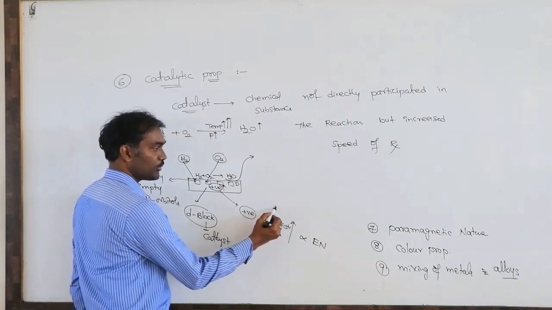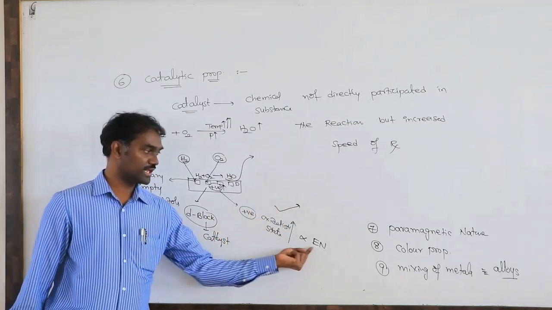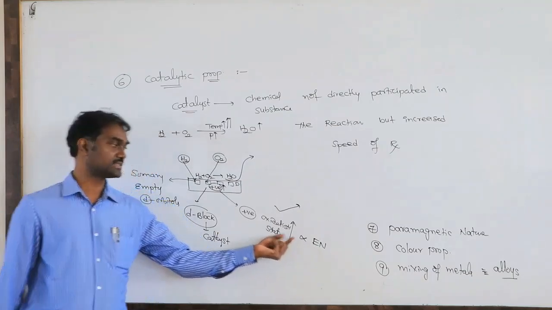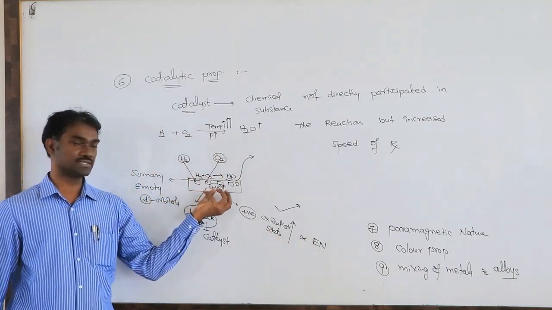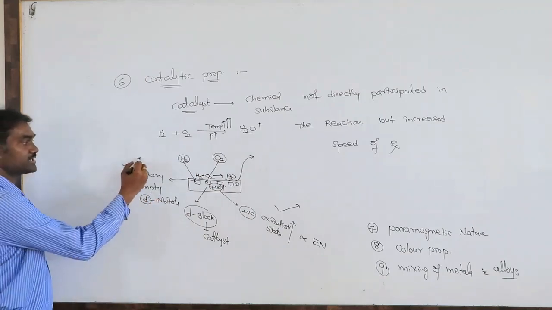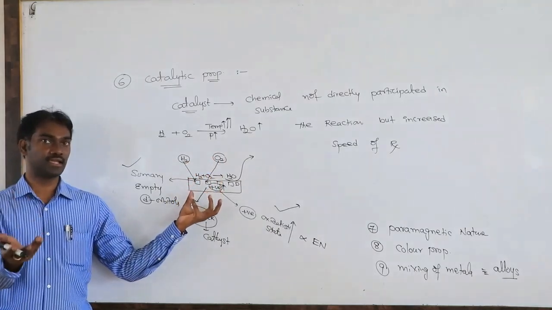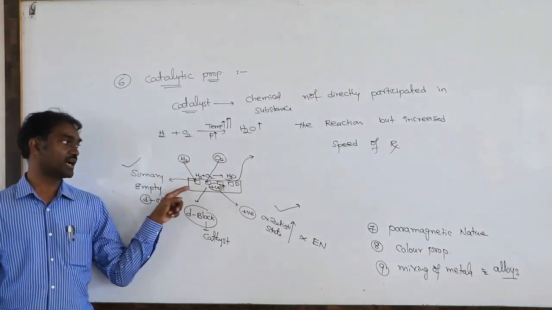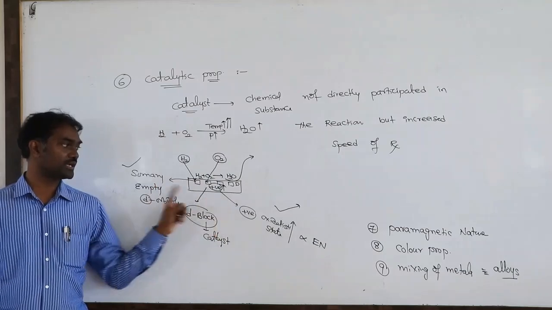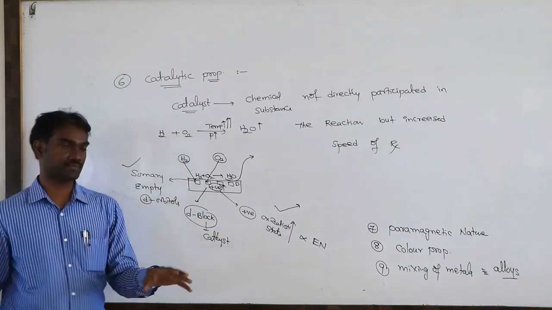One is the highest positive oxidation states, so electronegativity increases and it attracts every molecule on its surface. The second point is empty d orbitals. Where can the attracted molecules stay? They can stay in the empty orbitals. With these two possibilities, it acts as a catalyst.